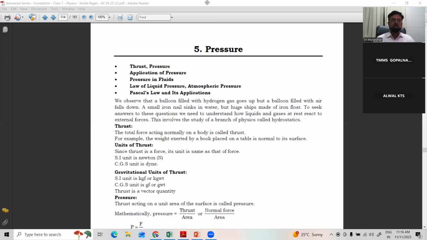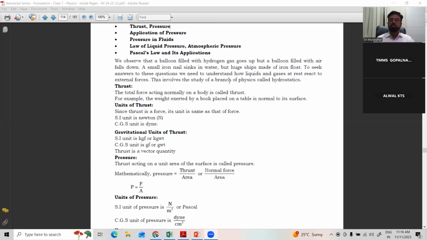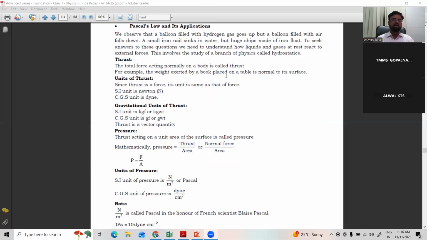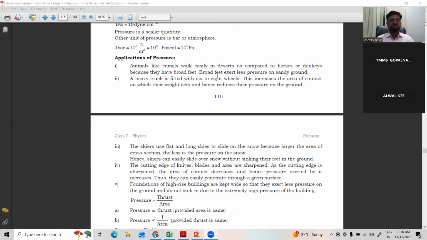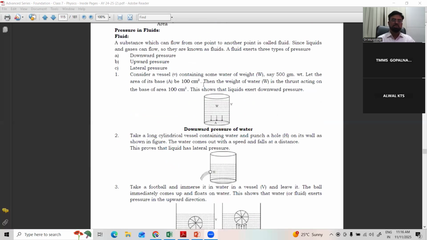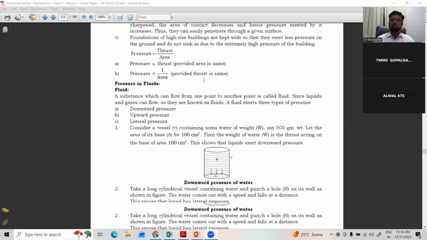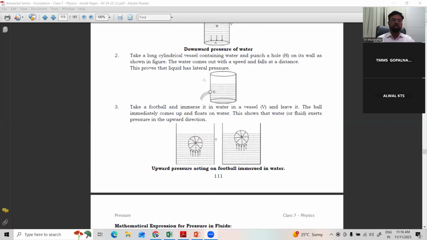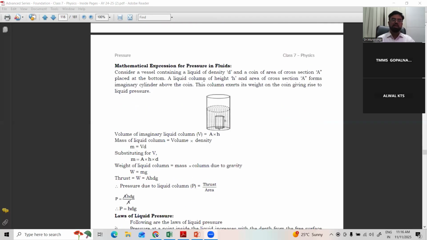So this is the total topic of pressure which is discussed. And finally, Pascal's law and its applications are very important. This is about pressure in liquids, fluids, and even gas. Gas also exerts pressure. Suppose when you are going by cycle, a strong wind comes towards you.